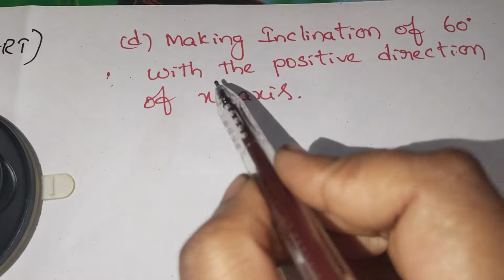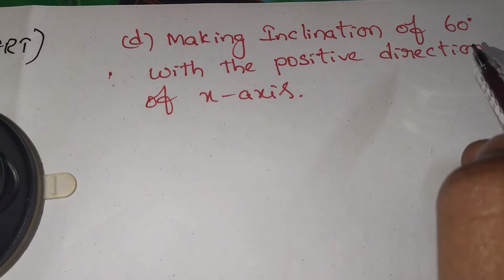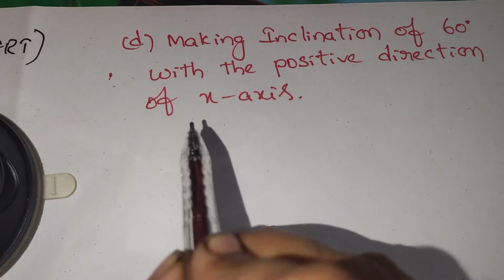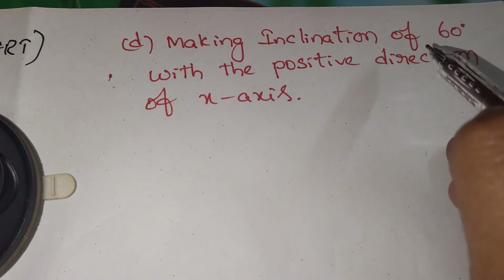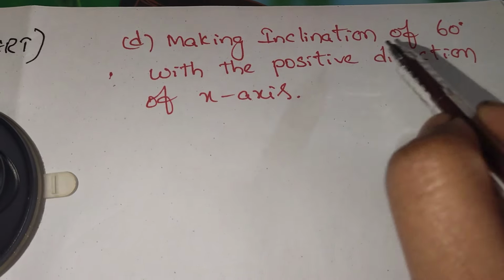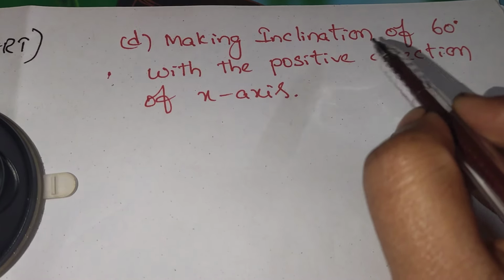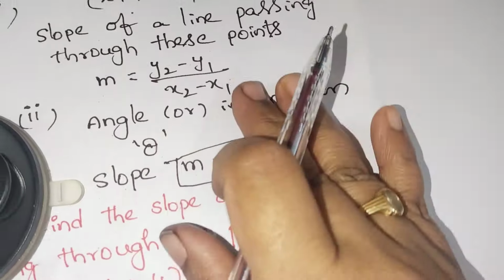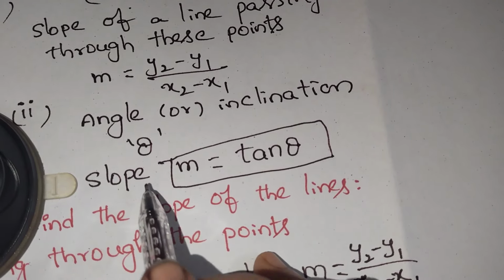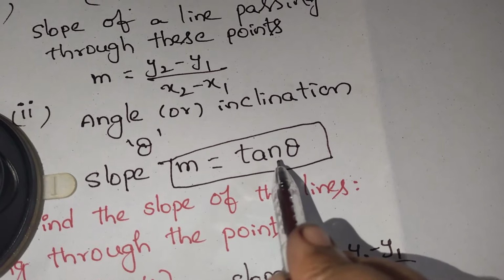Next example: a line making an inclination of 60 degrees with the positive direction of the x-axis. I said if we know the inclination theta, that is the angle of a line, what is the slope formula? Just go back. If we know the angle or inclination theta, then the slope formula is m equals tan theta.